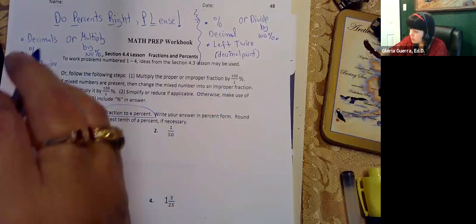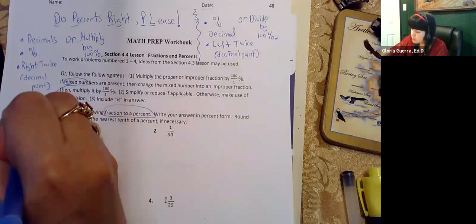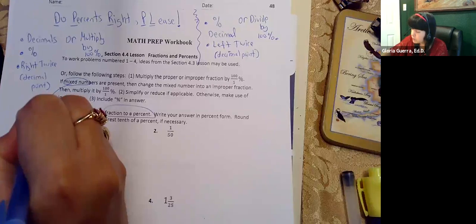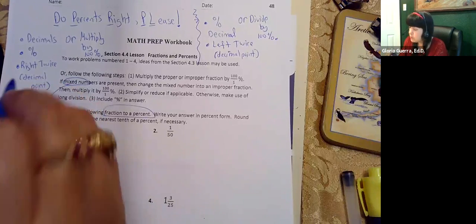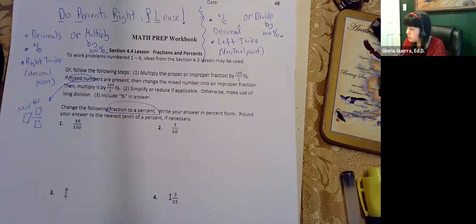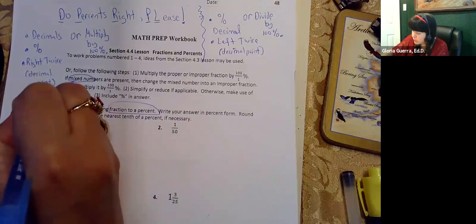Remember, mixed numbers look like this. If they're present, change them into an improper fraction. Remember, teachers show you how to do that: you do a little multiplication and a little adding.